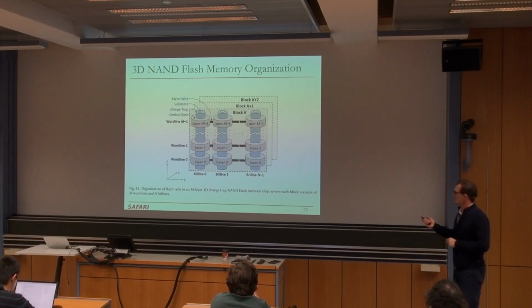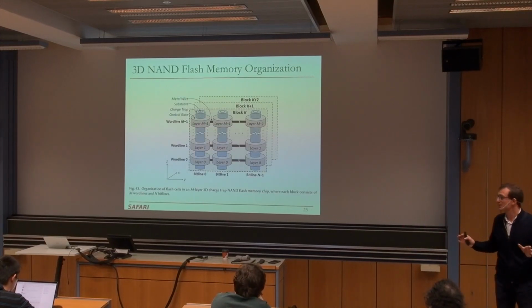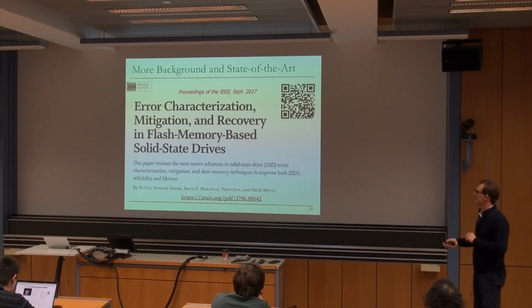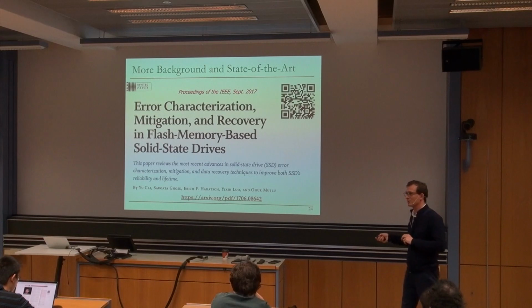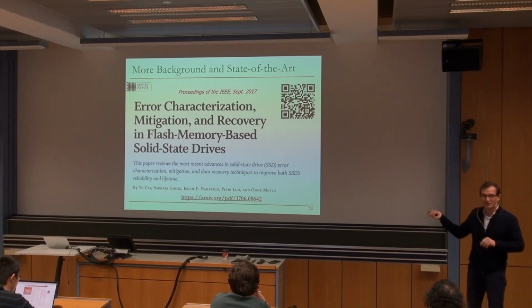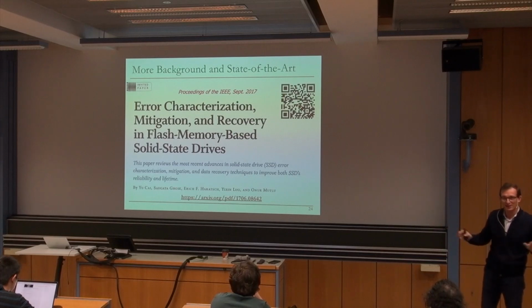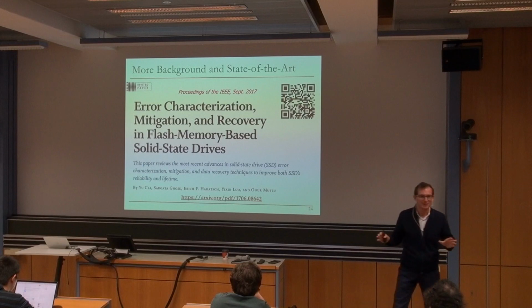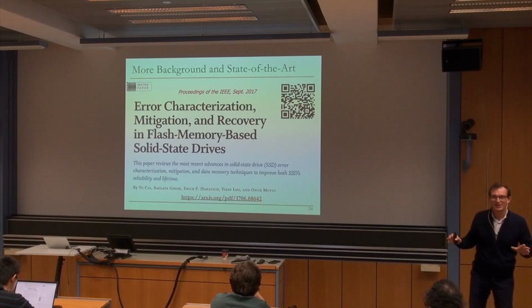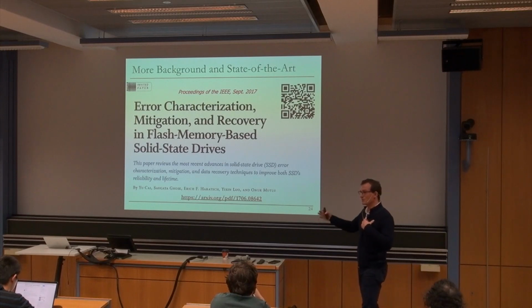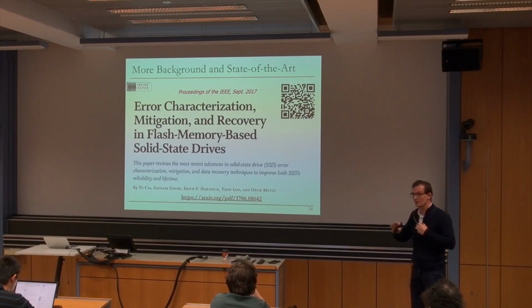Okay, so if you're interested, actually, there's a lot more background, and we recently wrote a survey, an invited survey paper that talks about flash memory, as well as many, many other things that are employed in flash memory. And that was published in Proceedings of the IEEE. I would recommend that you take a look at it. We put more than a year of effort into writing this paper, and more than 8 years of research that we have done, and also we have observed based on what other people have done.